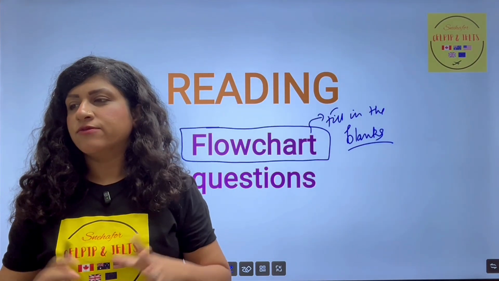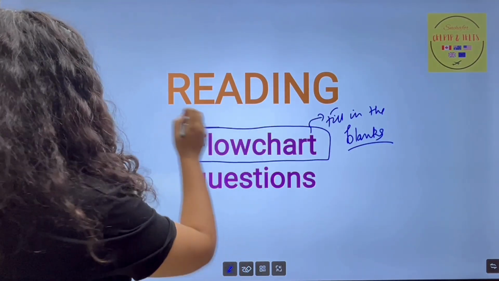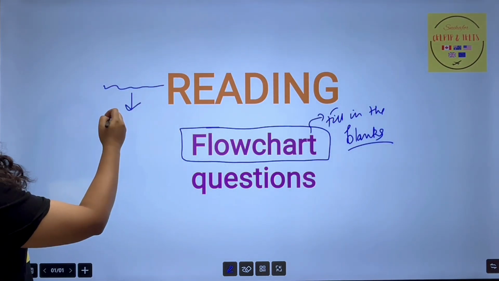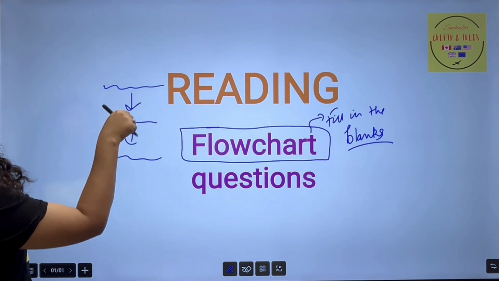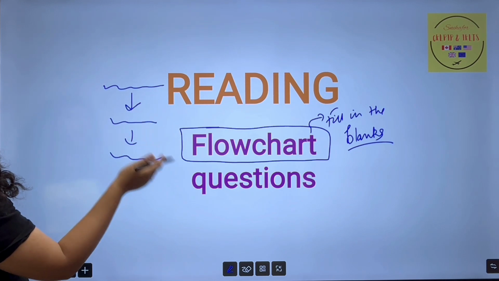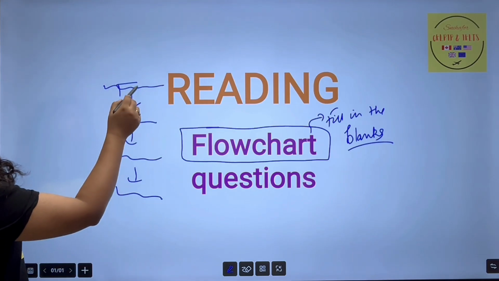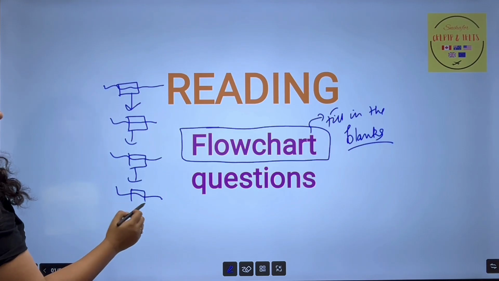For those of you who do not know what a flowchart is, it's pieces of information given in the form of a flow diagram. There is one sentence, then an arrow leading to another piece of information, then another arrow, then a third piece of information, and so on. And within these sentences, there will be fill in the blanks given to you.